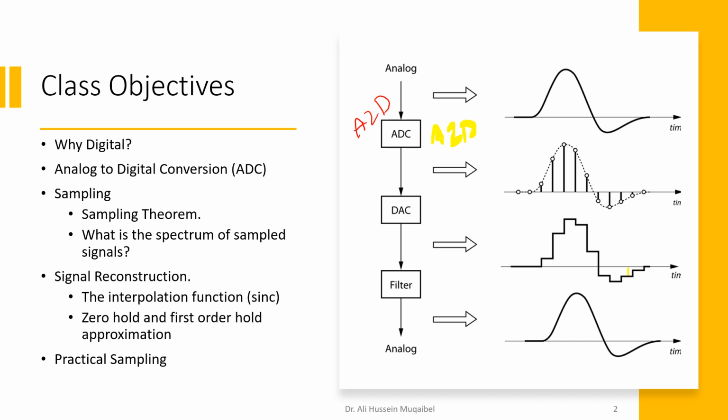The process of going from digital to analog is called digital to analog conversion. So we have ADC and DAC. And if we do ADC and then DAC with proper filtering, we get back our analog signal.